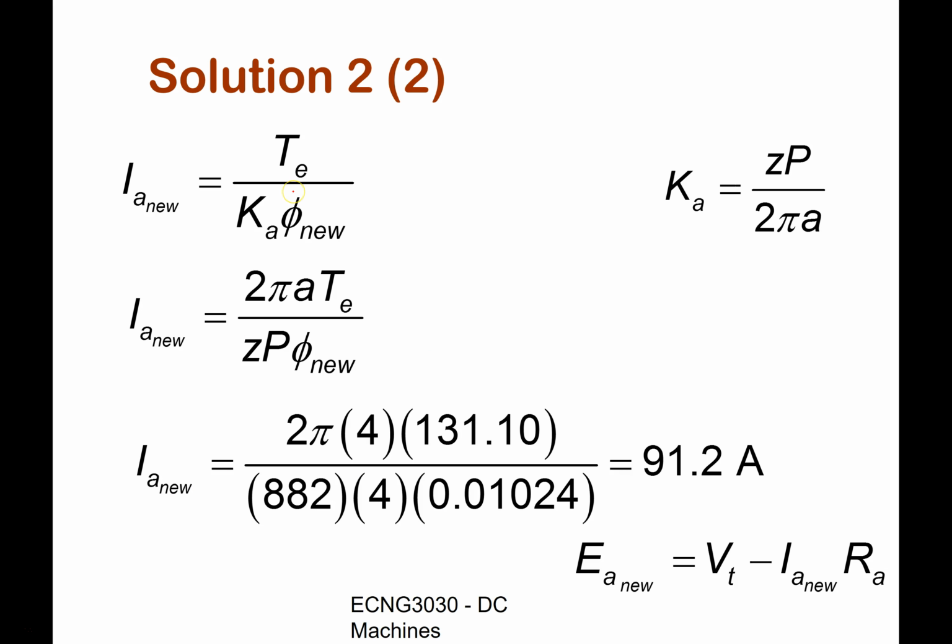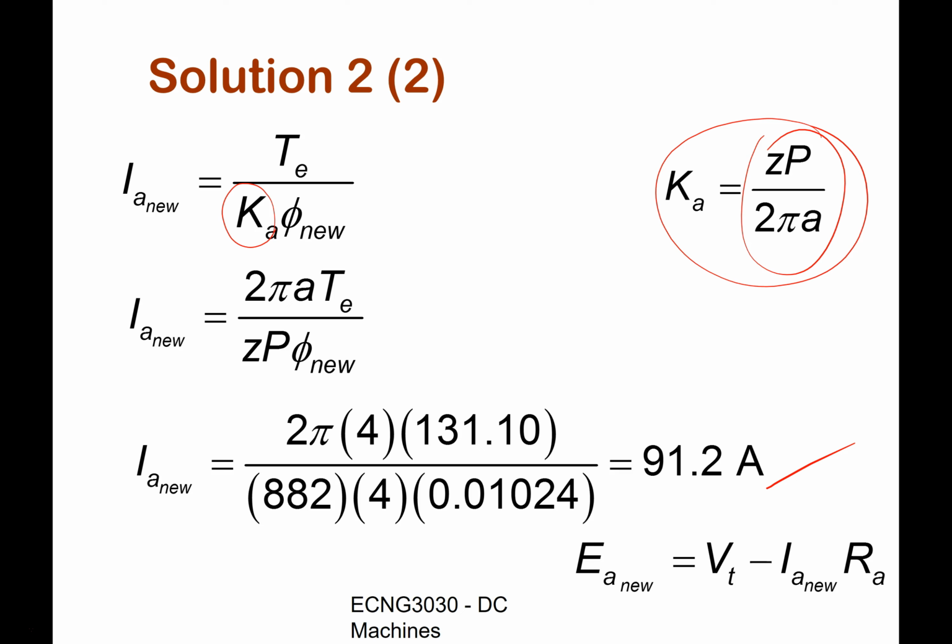So I have TE, IA new is equal to TE on K phi by omega new. I substitute for K all of these values here, which come from my equation for EA, involving the armature paths, the number of parallel paths, the active conductors and so on. I have all of these values, so I'm just going to plug them in and I get the new value for IA.